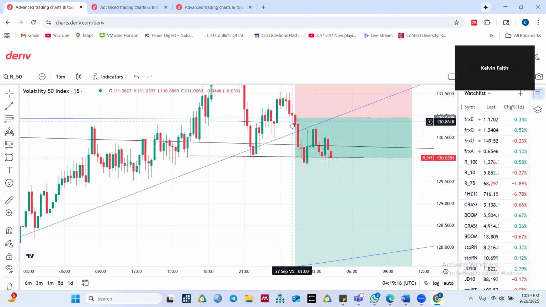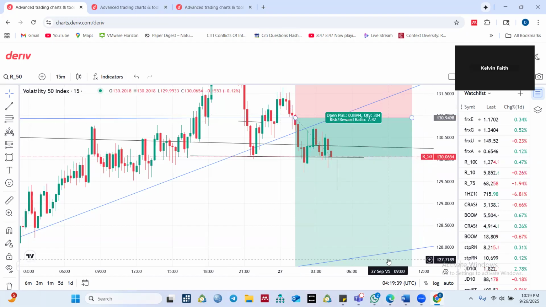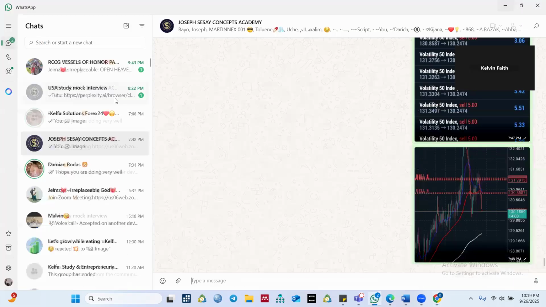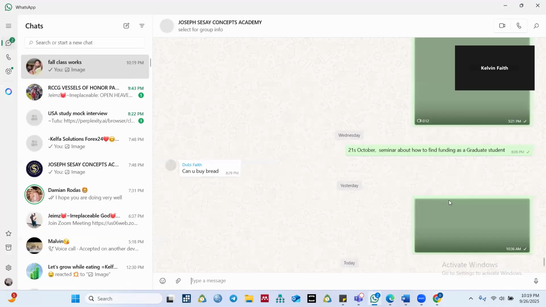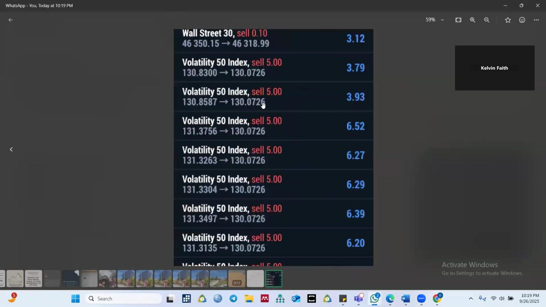So let me show you guys the profit I'm making right now, or how the trade is turning out right now. Let me show you what it's doing right now. How do I snapshot my trading? My MT5. Okay, so I can show that on WhatsApp. Yeah, so this is the trade.